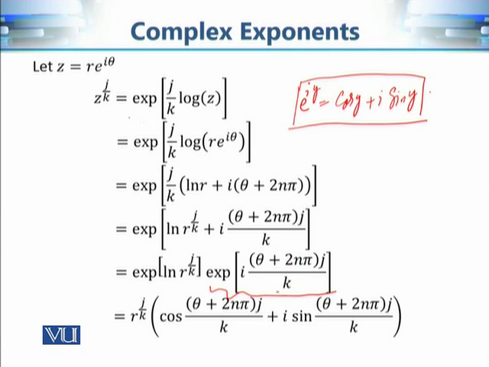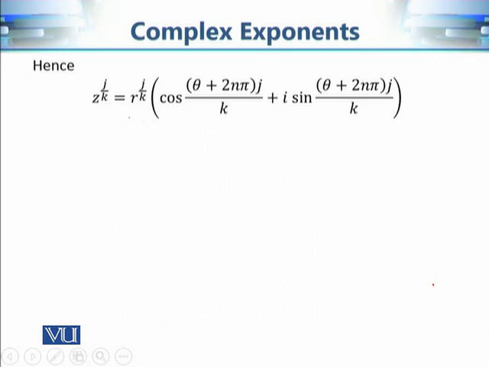So using Euler formula we get this expression, and of course this is the real case, and e raised to power log of r raised to power j over k, e and log will cancel out each other, they are inverses of each other, and we get r raised to power j over k. So we get this expression. Hence we have the following expression.